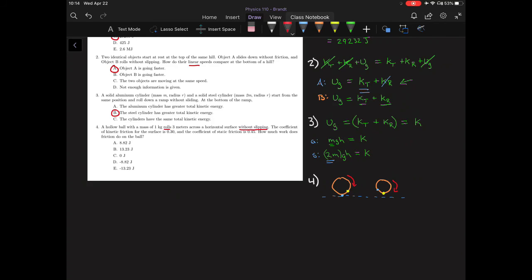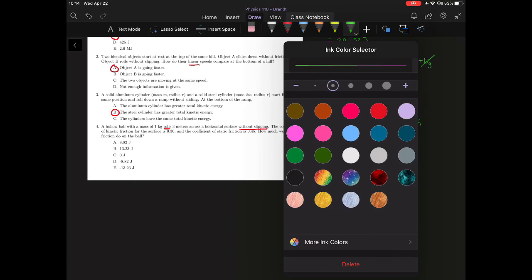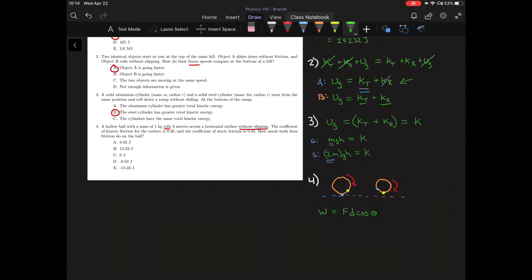So work, if we remember, work equals force times distance times the cosine of that angle between the two. So in this case, we have a force of friction that is acting on our object, opposite the direction that it's rolling.